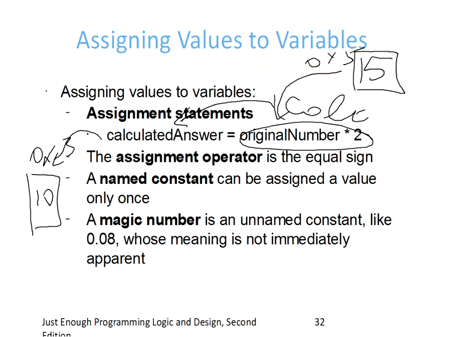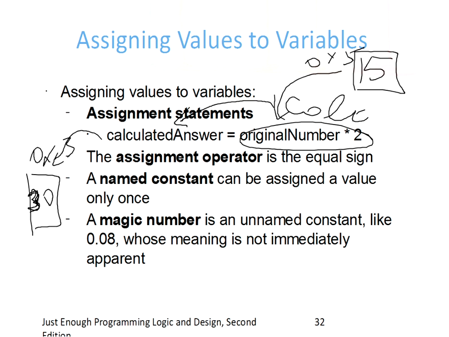We don't need this after we turn off the computer. We need it right now to perform the calculation. So we're fetching 15. 15 times 2 is 30. So then calculated answer is replaced. 10 is replaced with the new result of the calculation. And now the 0x3 memory address contains 30. That 30 is pointed to by calculated answer.